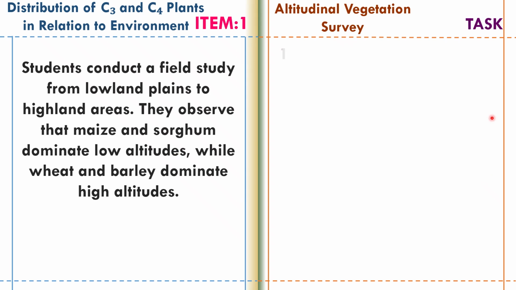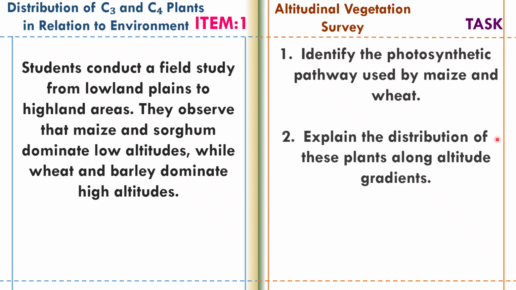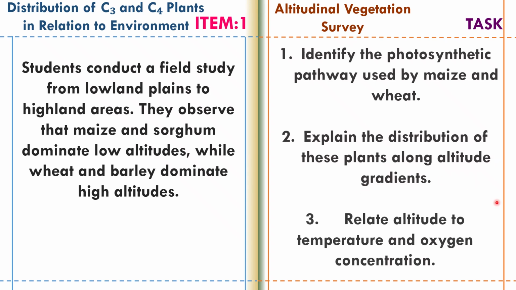Task: identify the photosynthetic pathway used by maize and wheat. Explain the distribution of these plants along altitude gradients. Relate altitude to temperature and oxygen concentration.